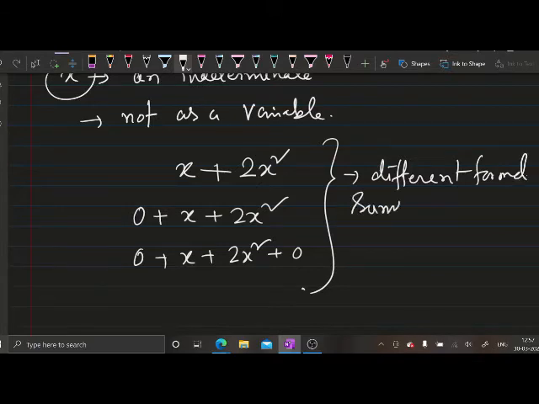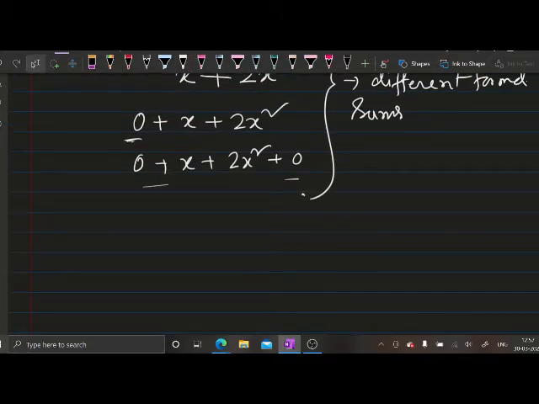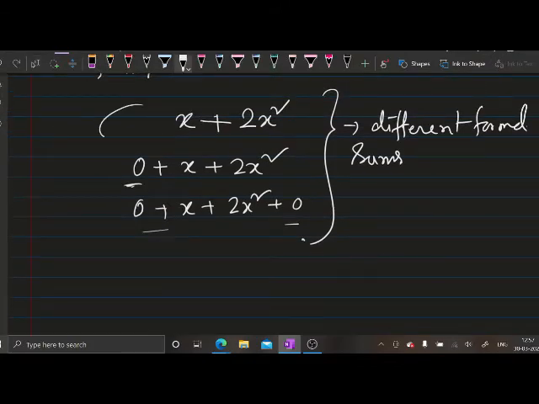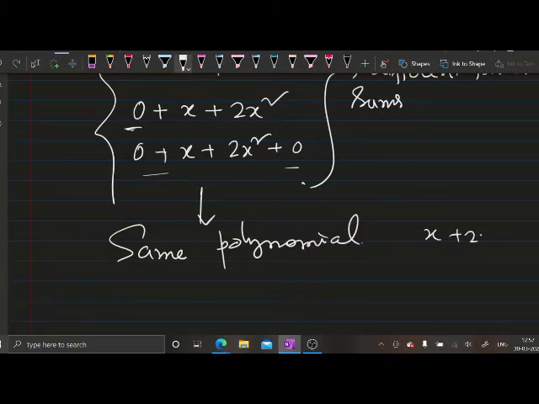Because here the coefficients are 0, 1, 2, and here it is 0, 1, 2, 0. So these are different formal sums, but we want to treat them as the same polynomial because these three will represent the same polynomial, which is x plus 2x square.